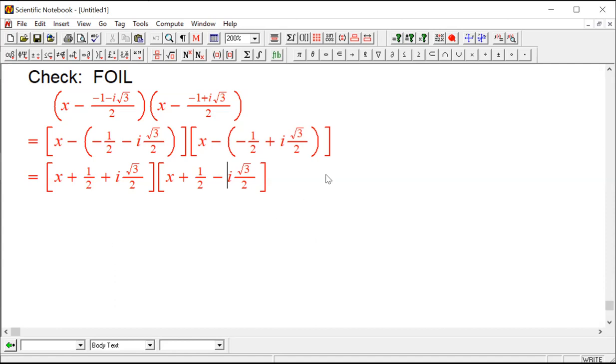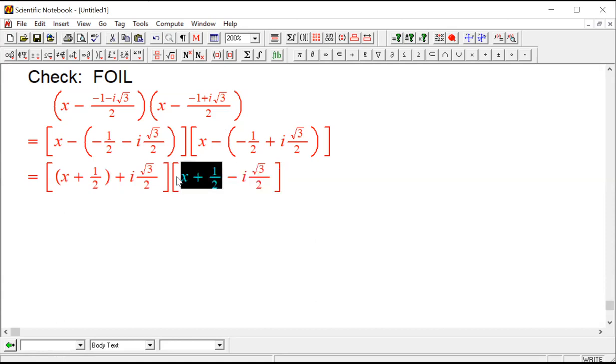Now, regrouping. I'm going to put these two together and put these two together. They are the same.